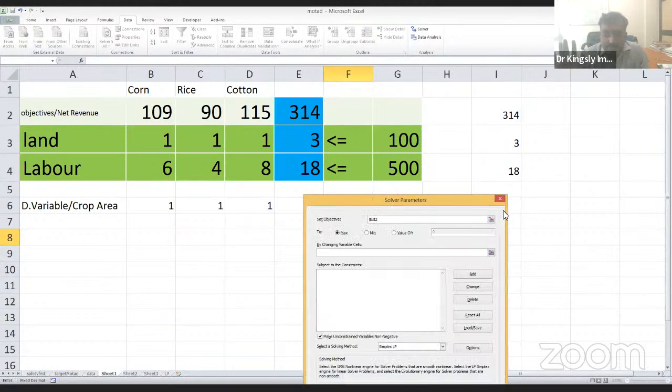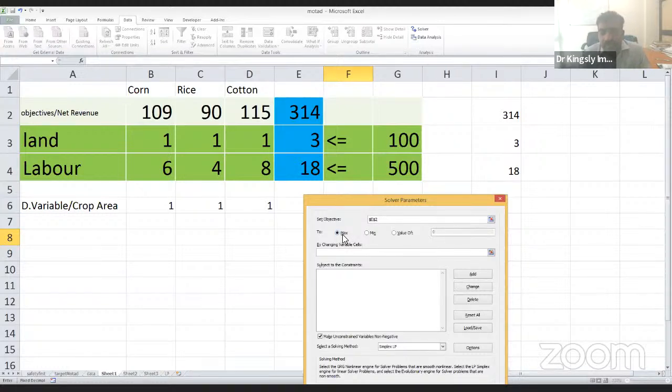Done. So we'll go to the next one. What is our goal? Whether it is maximization, minimization, or just equate. Our objective is maximization. We want to maximize the net revenue with a given resource constraint. So you put your cursor on the max.